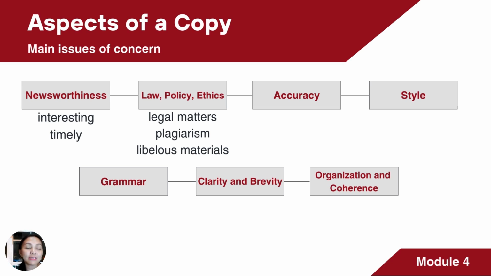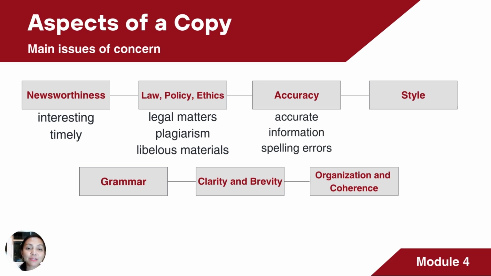And are there any libelous words that have to be toned down? When we say libelous words, these are the different words that are untrue and threaten or harm or damage the reputation of the subject. Next is accuracy.